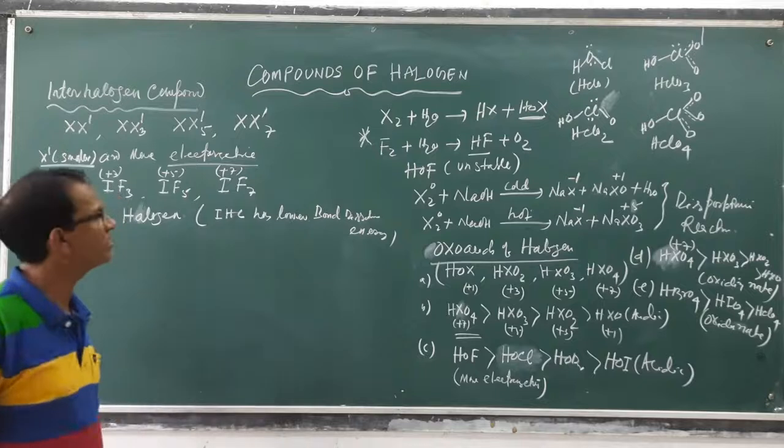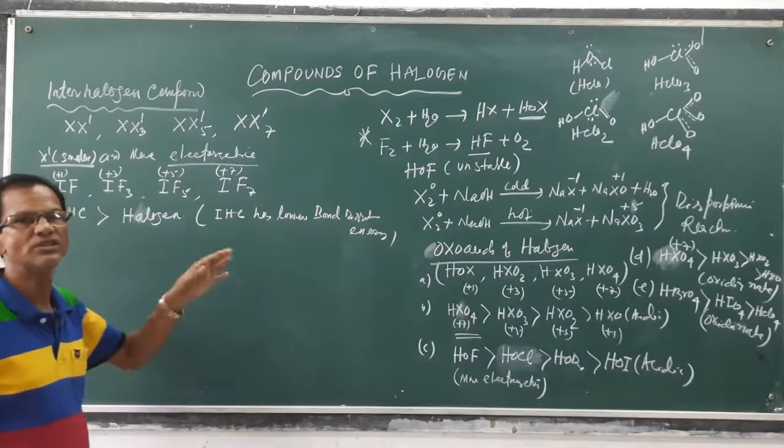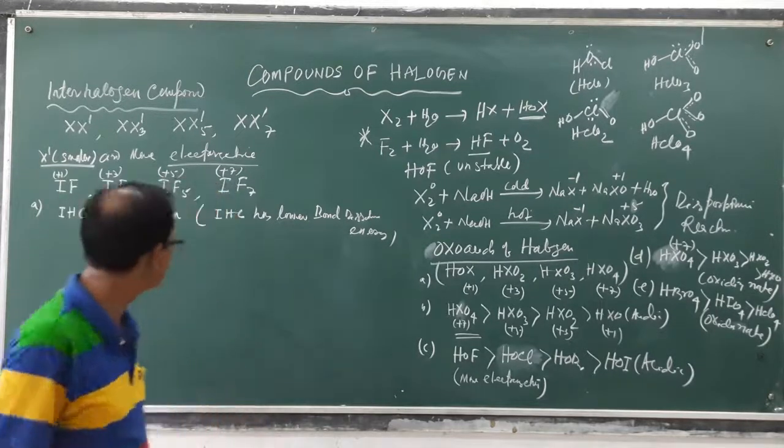You see, the bond dissociation energy of an interhalogen compound is less because one atom is smaller and another is greater.